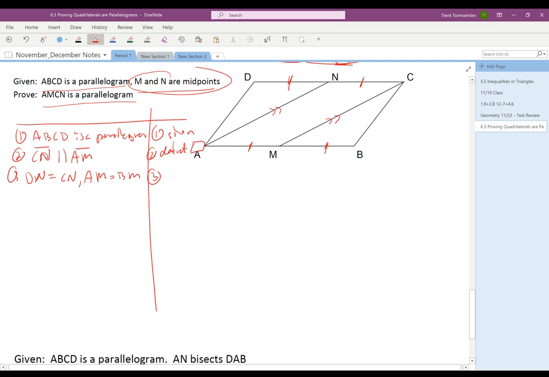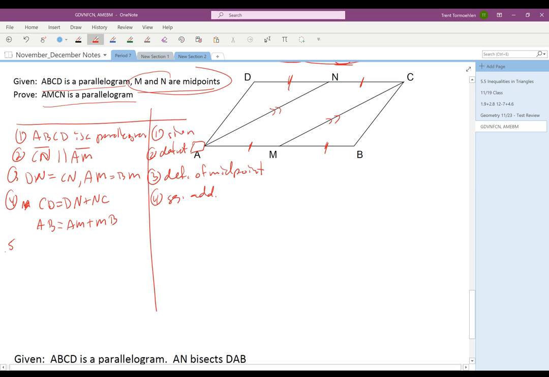And now we have to go through and make our segment addition argument. So we say CD equals DN plus NC, and AB equals AM plus MB, and that's just by segment addition.